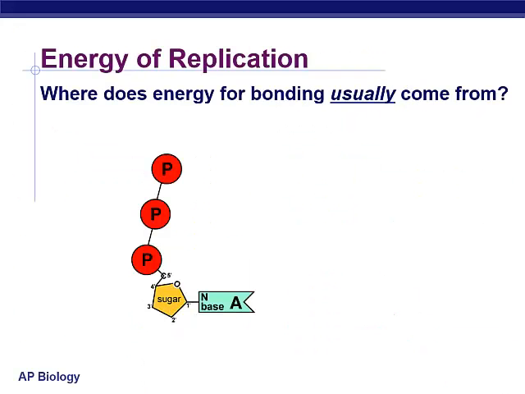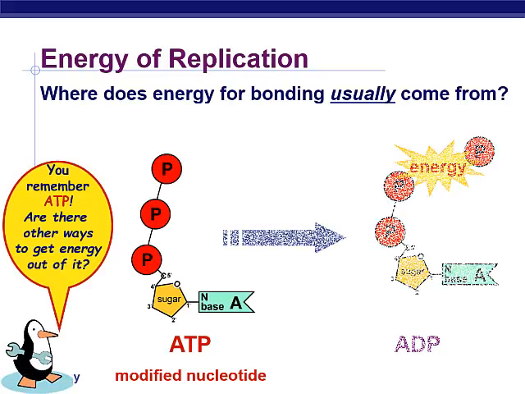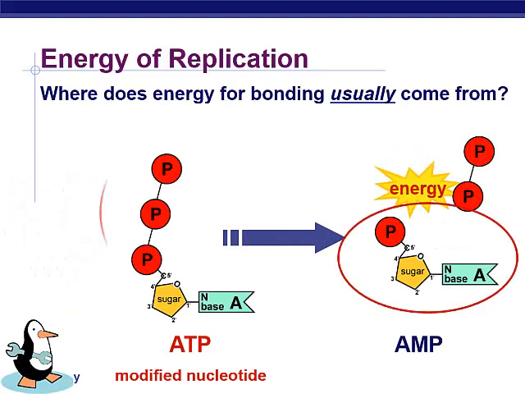So let's talk about what that looks like. Have you guys seen this before? What is that? ATP. Turns out ATP is a nucleotide with 3 phosphates. It has another name, but it's not the only one.